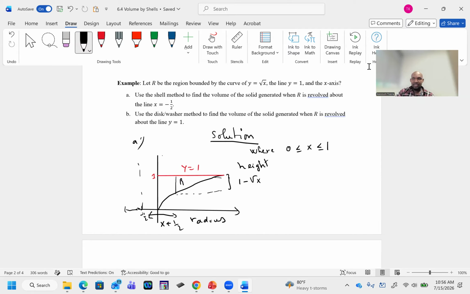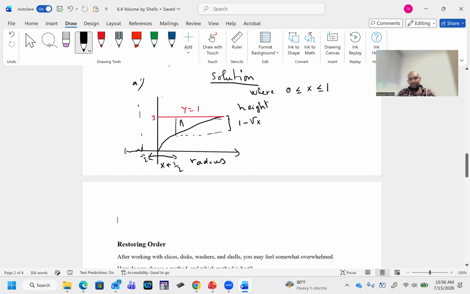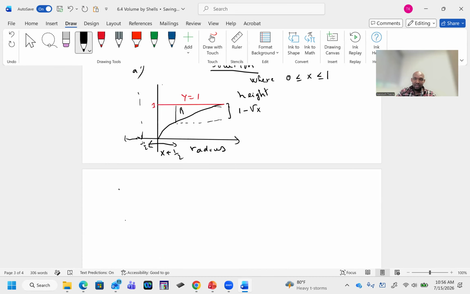So a slight modification of the standard shell method gives the volume of the solid: V equals the integral from 0 to 1 of 2 pi times (x plus 1/2) times (1 minus the square root of x) dx. So again, this is the circumference, and this is the height of the shell.